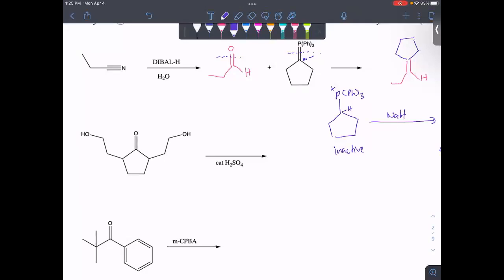Yeah, that's perfect. They just turn into two 5-membered rings.